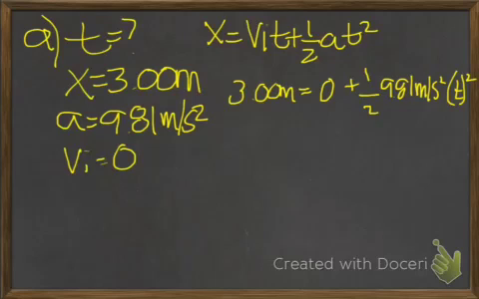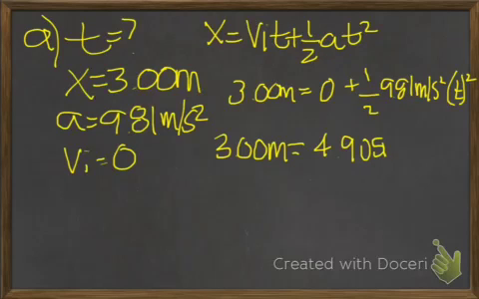So again, we're solving for time. So 3.0 meters equals 4.905 meters per second squared times time squared.